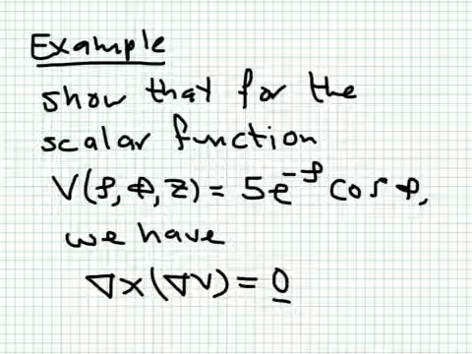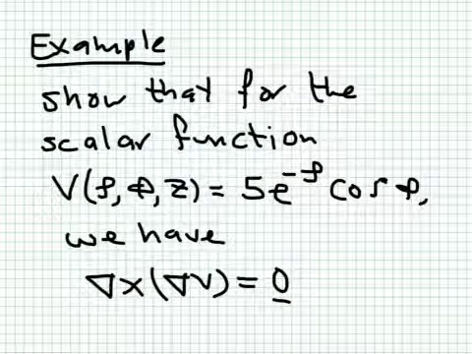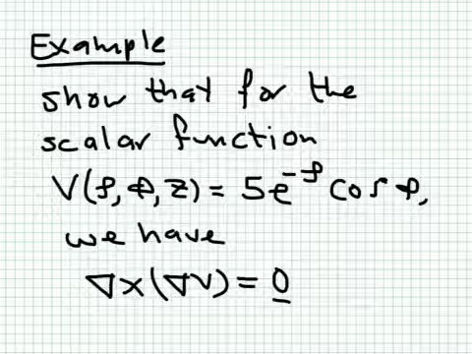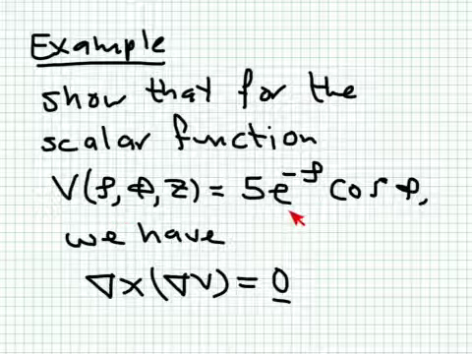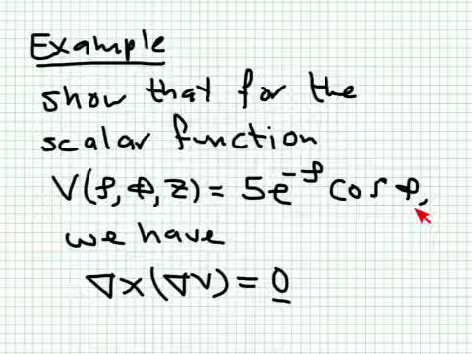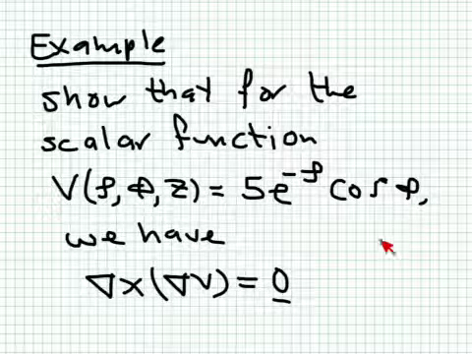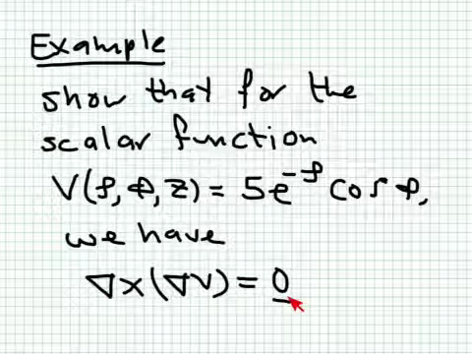One other example I want to discuss with you is the proof of vector identities, and this is probably something you're going to see in midterms and finals. So I gave you here a scalar function V in cylindrical coordinates, 5e^(-ρ) cos φ, and I want you to show me that indeed for any scalar function, not for this one only, the curl of the gradient of a scalar function is always the 0 vector.